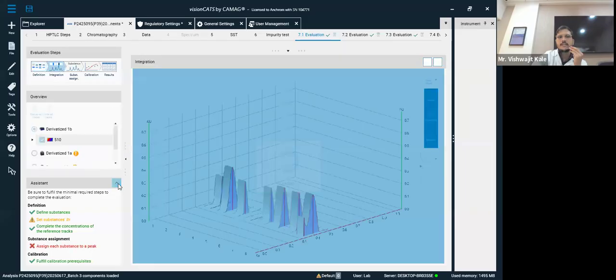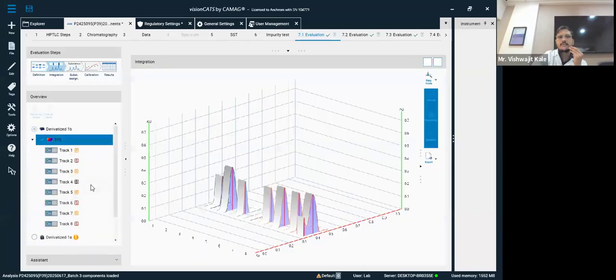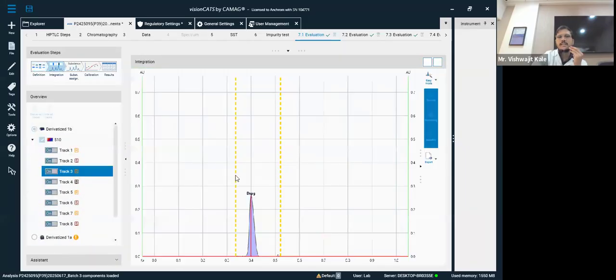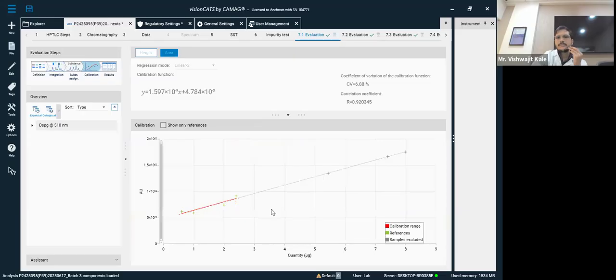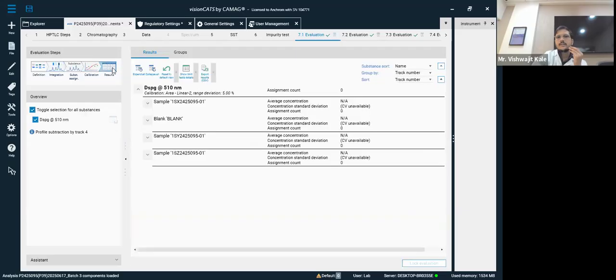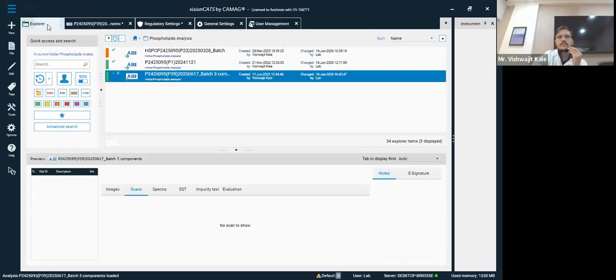We can see the actual chromatograms, area versus RF value response for each phospholipid or its impurity, and further automatic calculations, the linearity, and further quantification. So this is about CAMAG VisionCATS software and its compliance readiness, and how we are doing day-to-day phospholipid analysis in our lab.